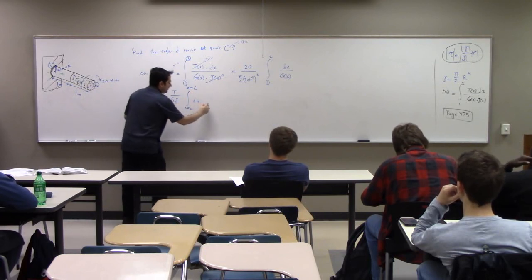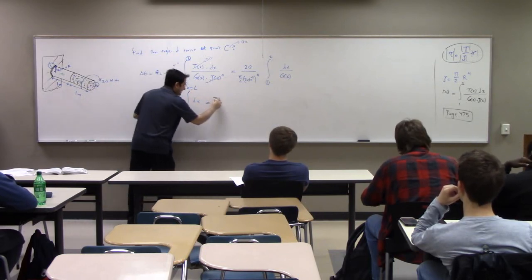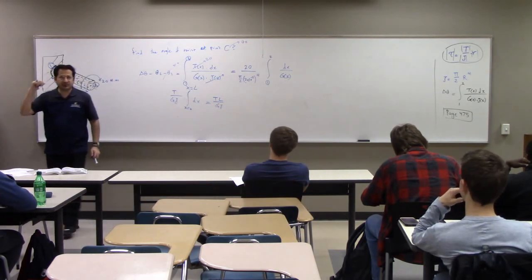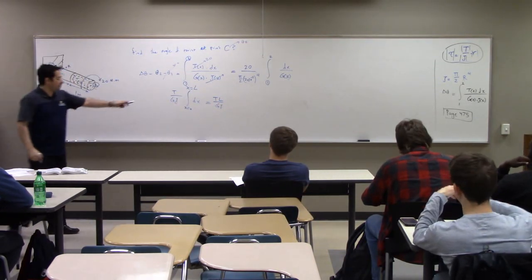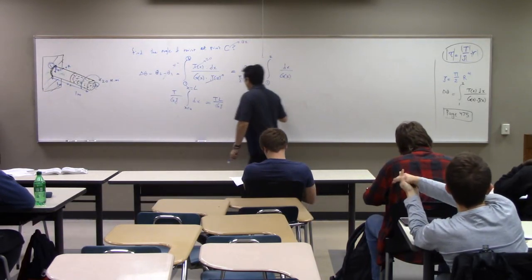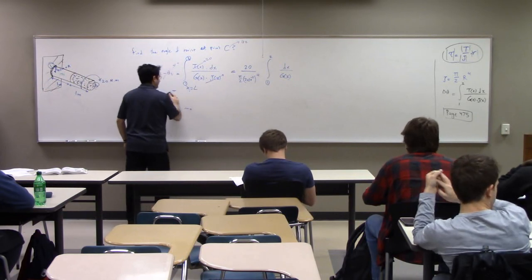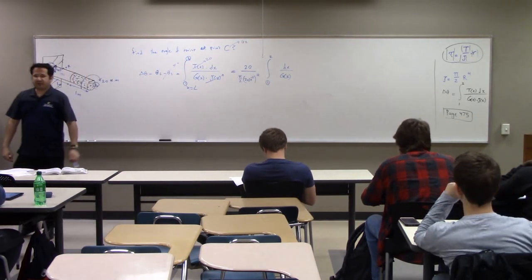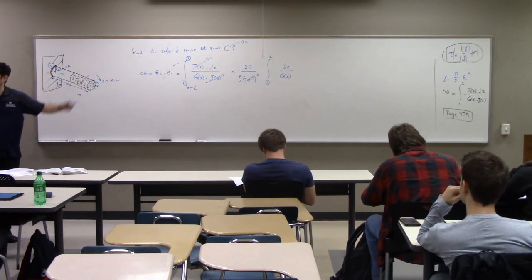Then what is the end result? TL over GJ. That's exactly the formula we write. But I don't have this case. In this case, my G is variable, right? So what can I do about that? Do I have a function G of x so I can put it there and take the integral?